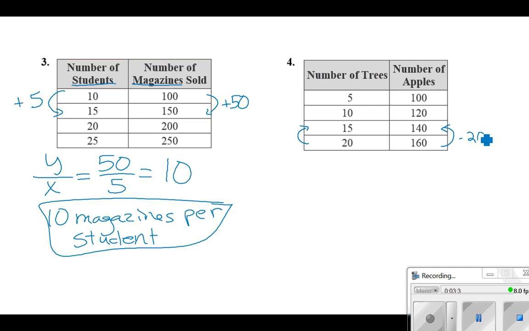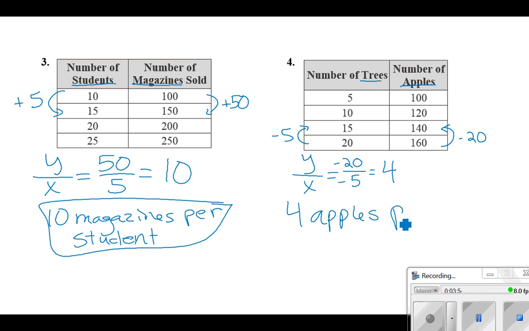From 20 to 5, that is subtracting 5. Y over x again, negative 20 over negative 5. That's going to give us a positive 4. So we have apples to trees, 4 apples per tree.